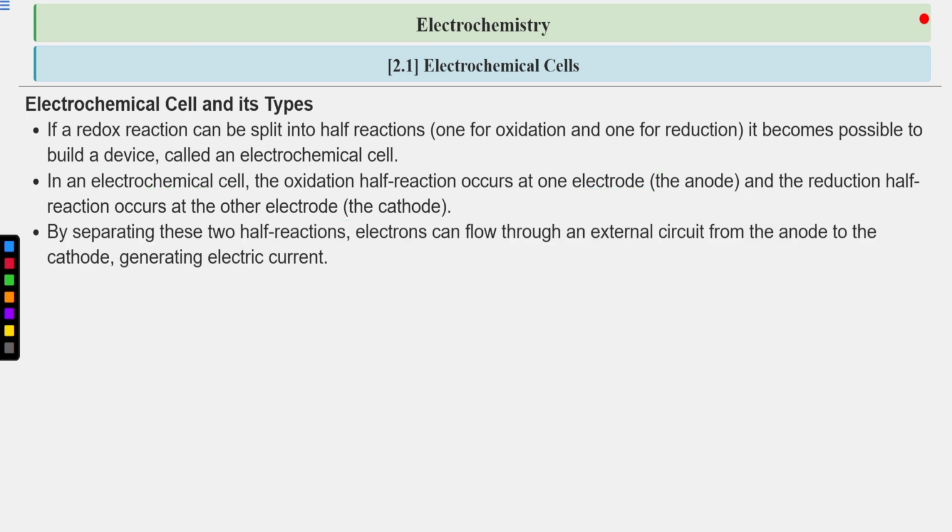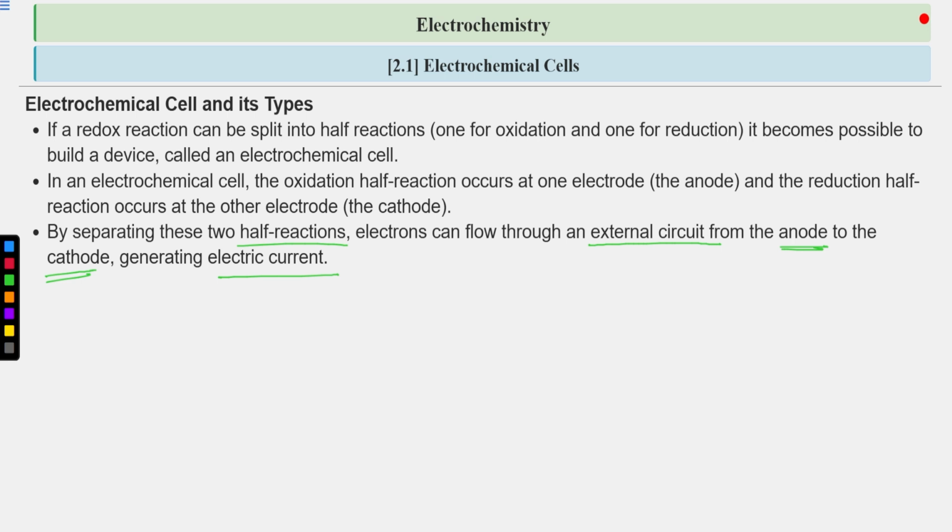Now, by separating these two half reactions, electrons can flow through an external circuit from the anode to the cathode, generating electric current. As we are talking about a cell, we are talking about chemical energy converting to electrical energy, or you can say current.